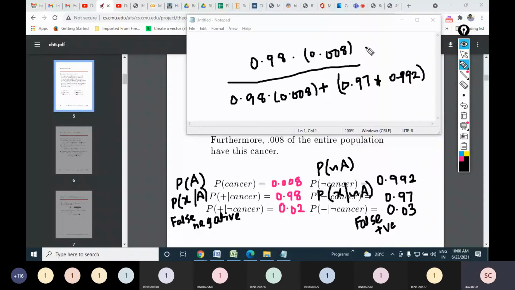This will be our answer. So let us quickly do this calculation also.